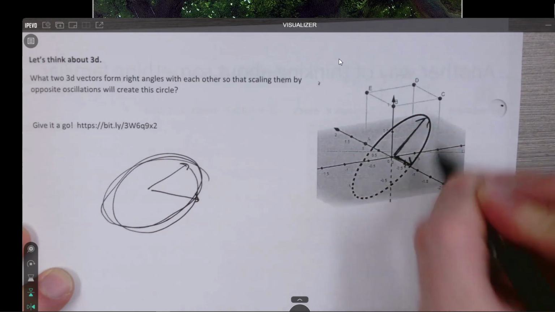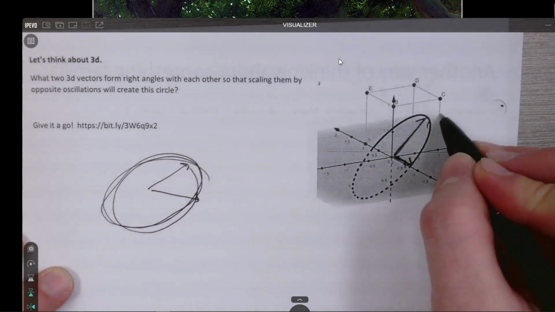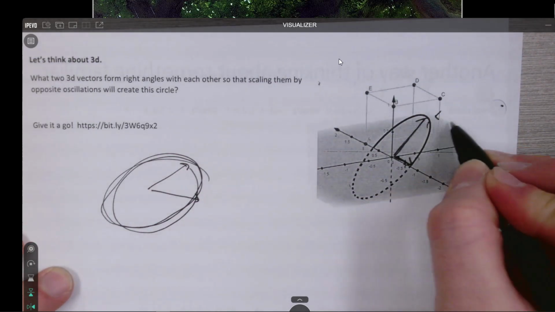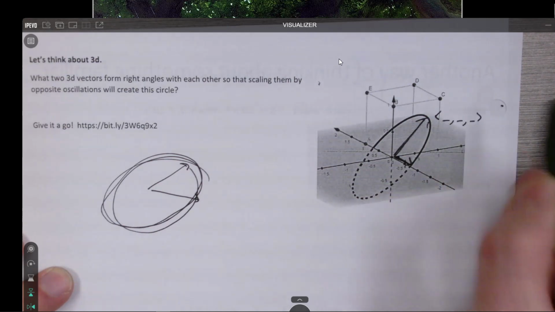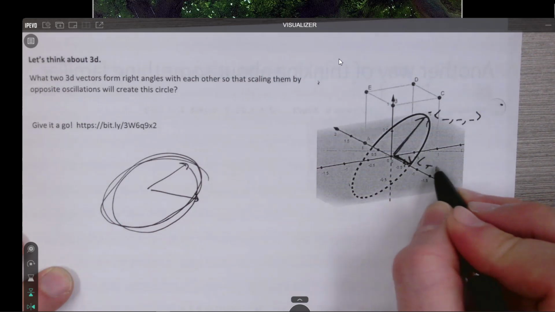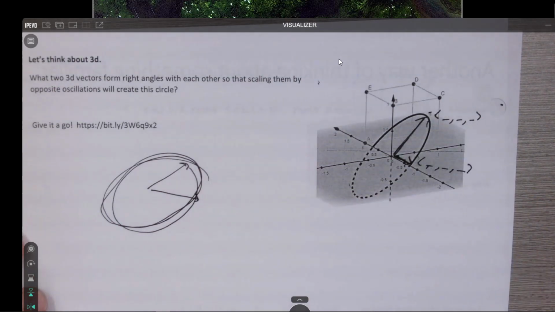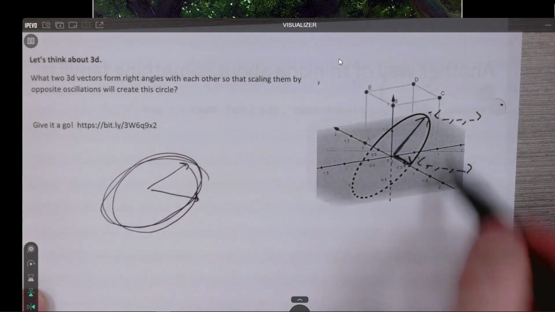We've got this vector and this vector. Can you describe these 2 vectors? Well, these are just 2 linear vectors, so you should be able to think about what's the xyz coordinate that it's pointing at. You take each one, scale it by an oscillating scale factor, and now you've created your motion.